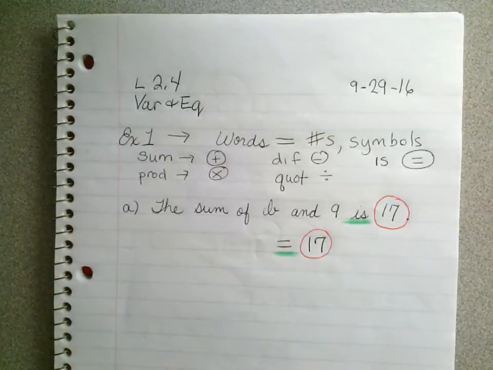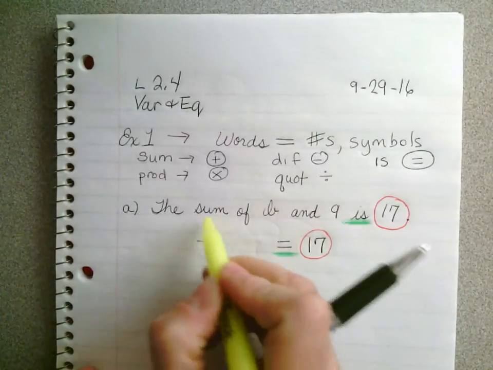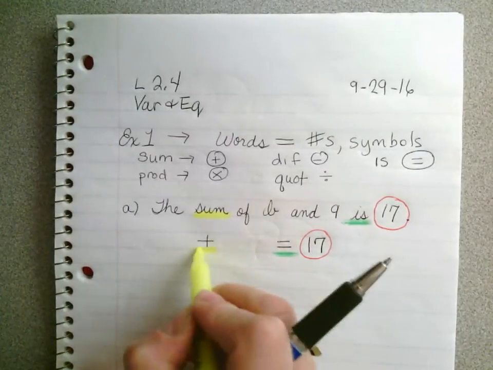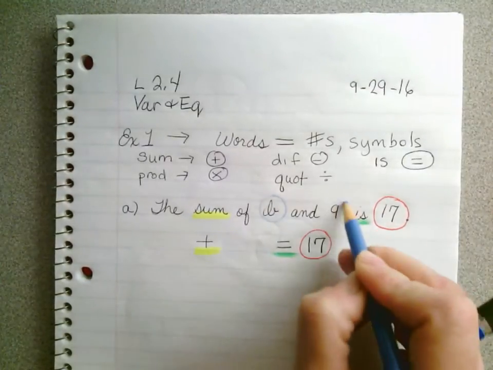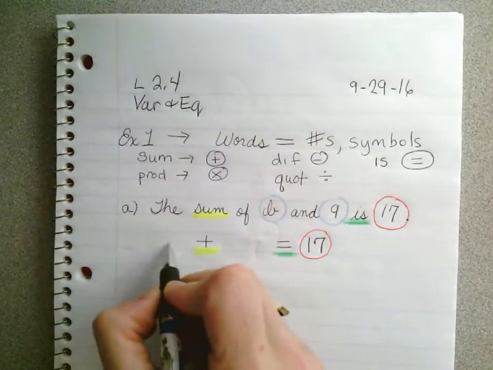The sum of b and 9. So sum, you guys already told me means add, right? Sum is right here, and we've replaced the word with a symbol. Lastly, we're going to identify the things that we are summing. We are summing b and 9.